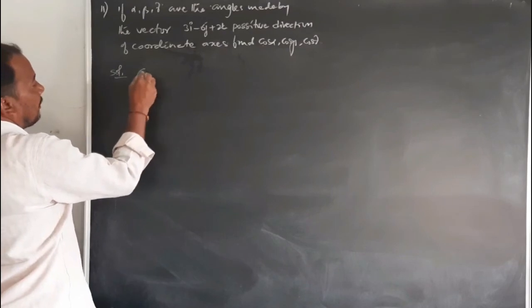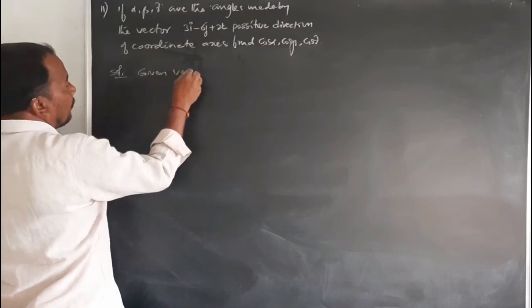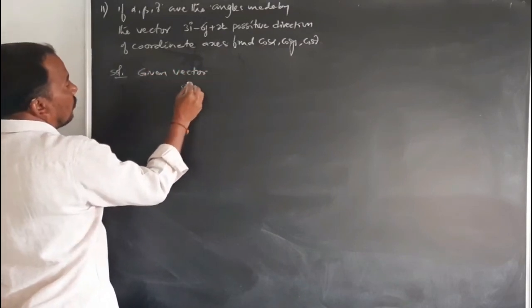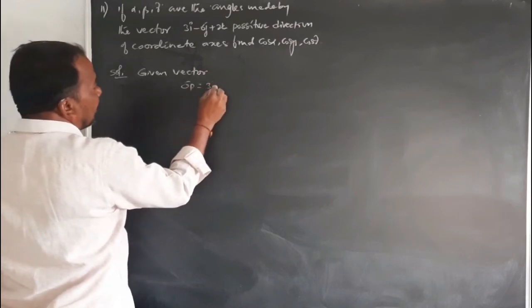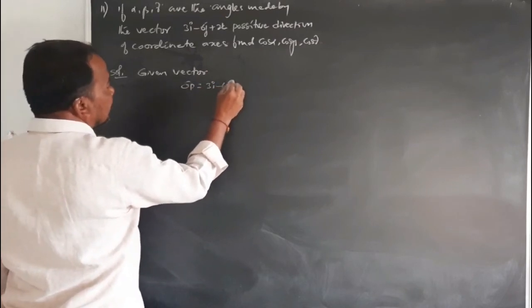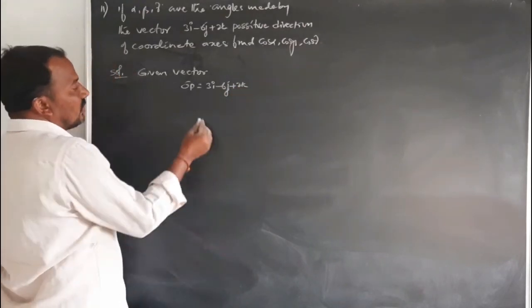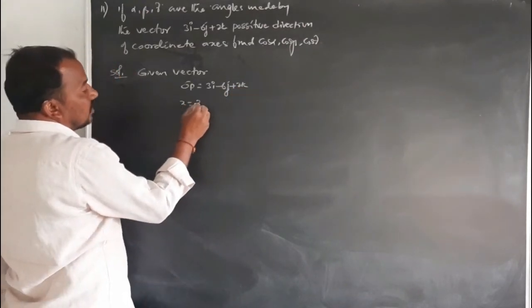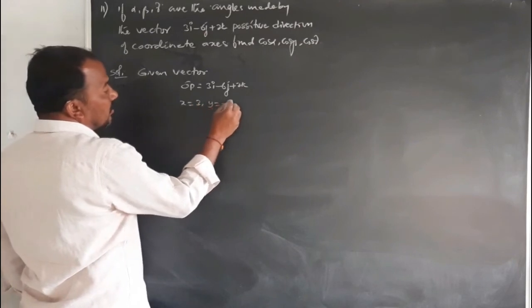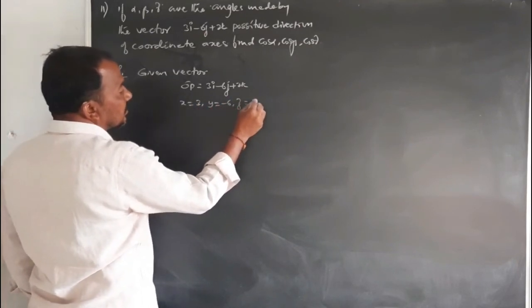Given vector OP equals 3i minus 6j plus 2k, where x equals 3, y equals minus 6, z equals 2.